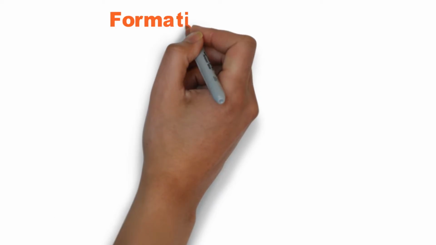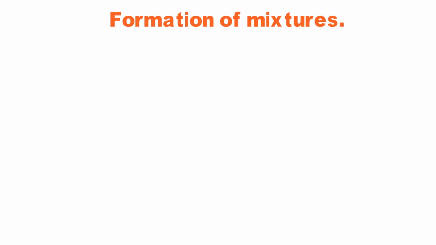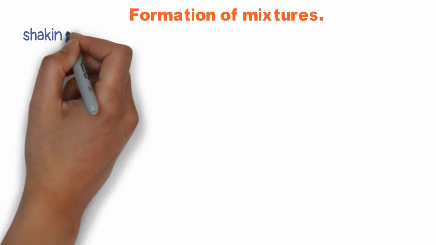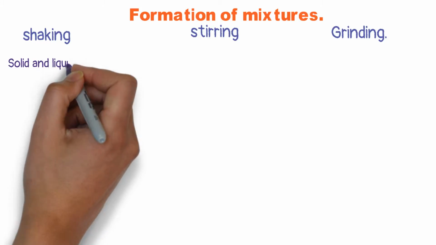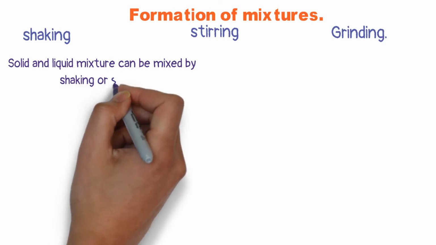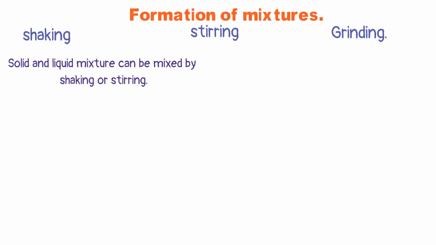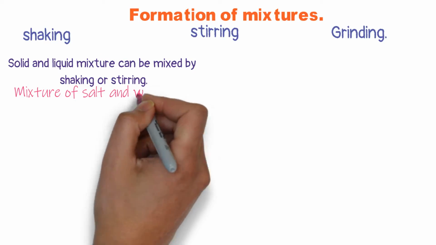Let's see how we can form the mixture, the formation of mixture. We have three methods for formation of mixture, and they are shaking, stirring, and grinding. A solid and liquid mixture can be mixed by shaking or stirring, or one of these, like the mixture of salt and water.